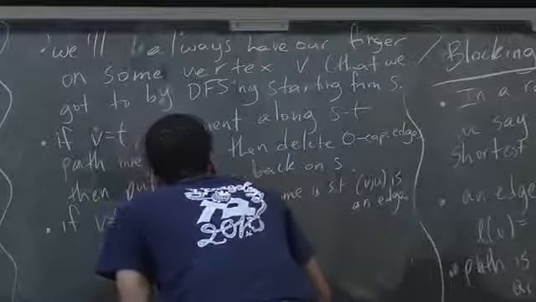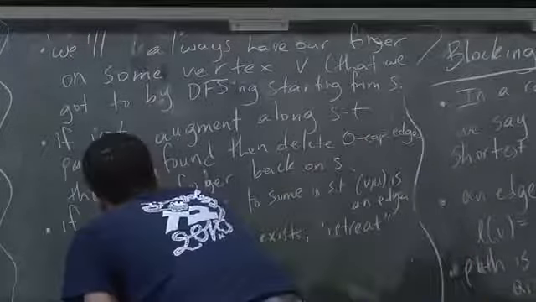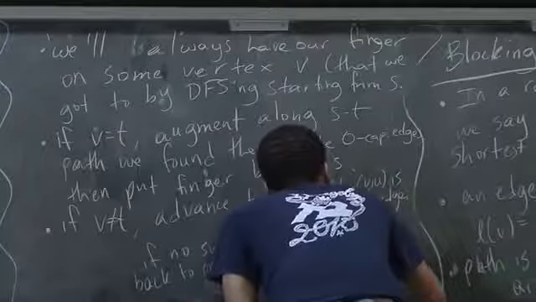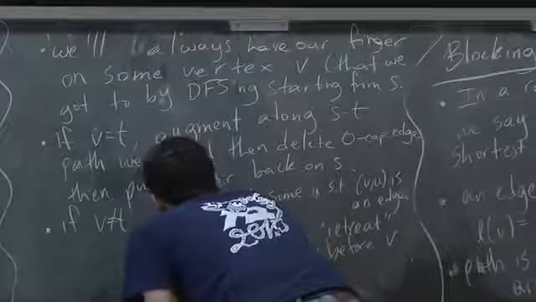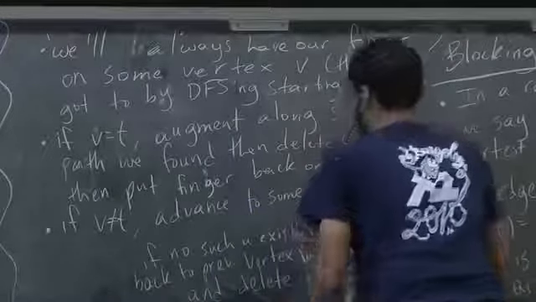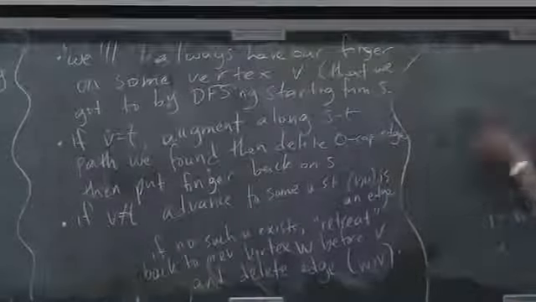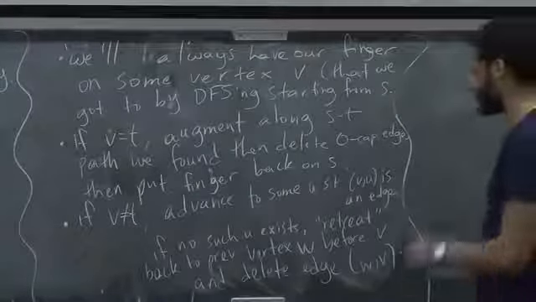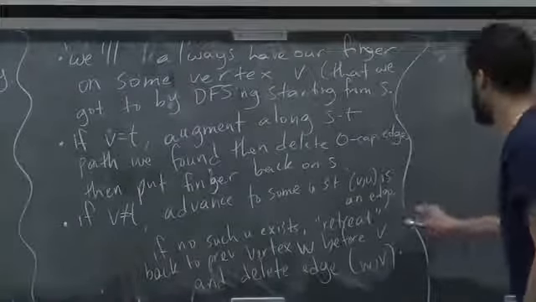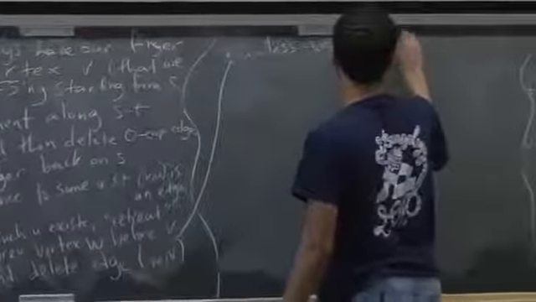If no such U exists, then retreat back to the previous vertex W before V and delete the edge from W to V, unless V is S, in which case we terminate.